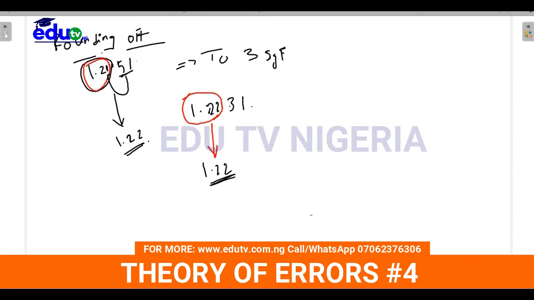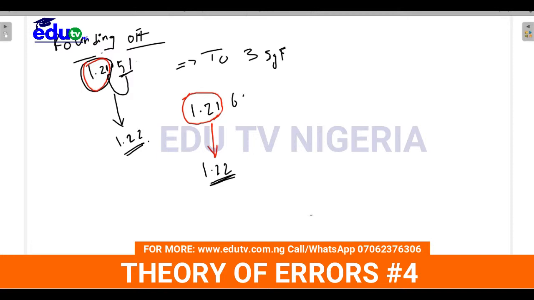If the digit is greater than 5, 6, 7, 8, 9, you can round it off also. Now let's put 1.21 and explain.